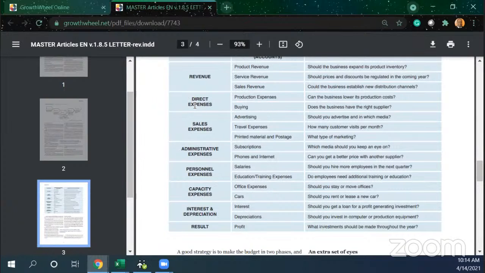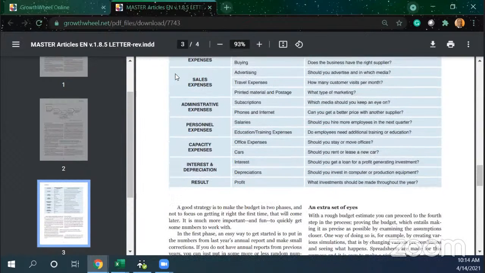So the direct expenses are expenses that happen when you do something. For instance, if I sell something to you and it costs me money to mail it to you, right? So there's a mail expense, there's a postage expense. That's what direct expenses are. You have a sales expense.